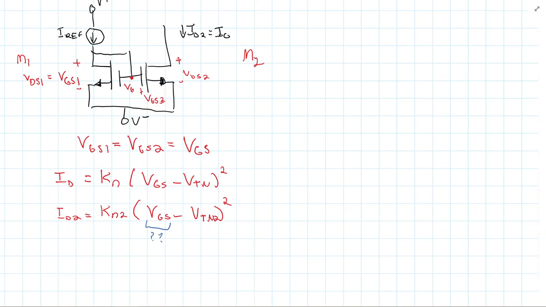Well, we know that ID1 is equal to Iref. That's just right there. And how do I know it's equal to Iref?